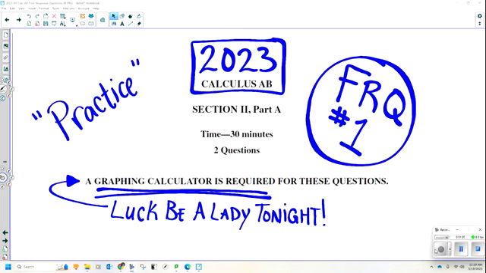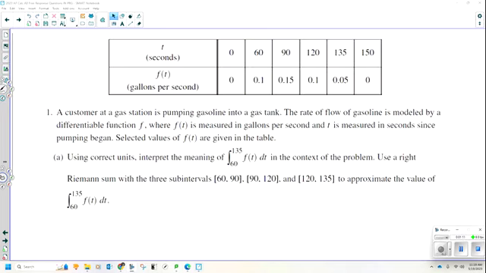All right, let's get started with free response question number 1. Okay, number 1 reads, a customer at a gas station is pumping gasoline into a gas tank. The rate of flow of gasoline is modeled by a differentiable function f, where f of t is measured in gallons per second.